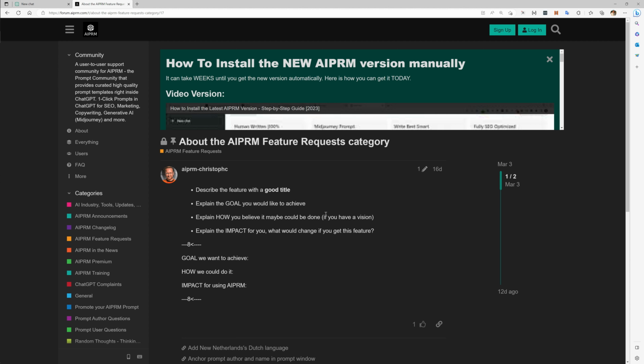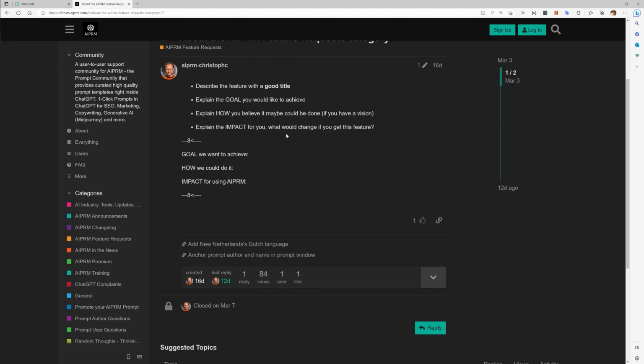So all these developers are very much appreciated for their ideas, but you cannot suggest how we build things if you don't know how we build things. You understand?